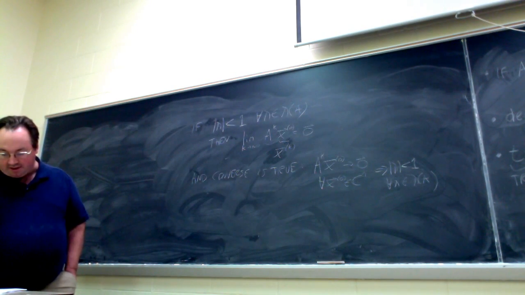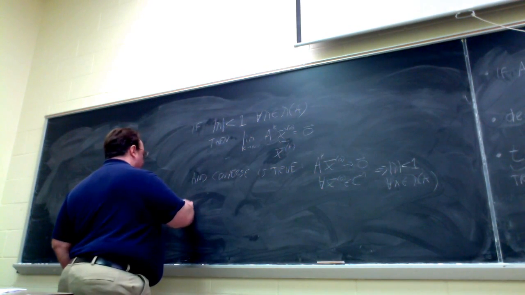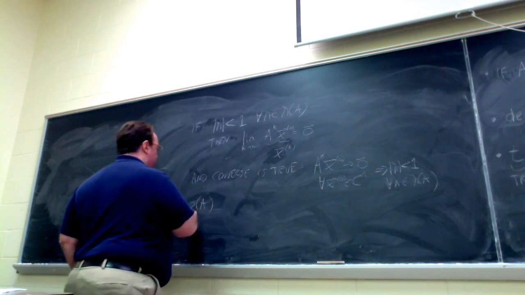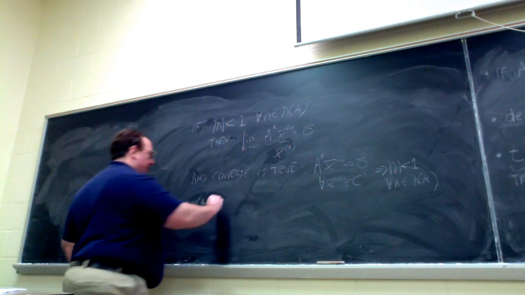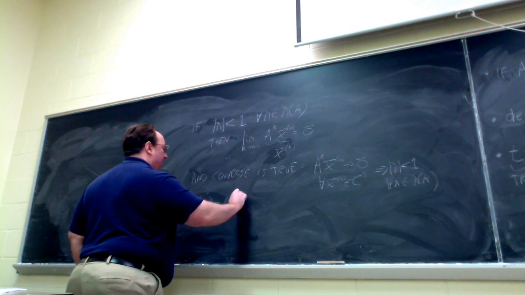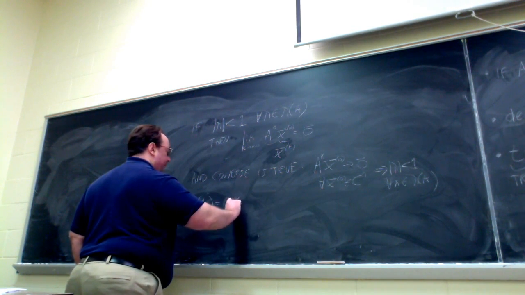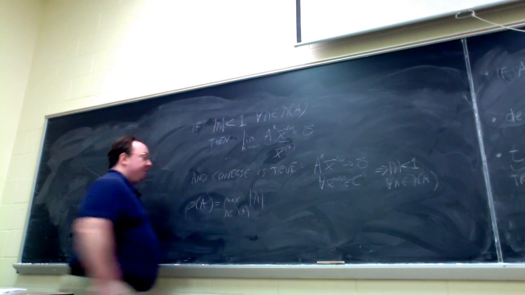Now, a more convenient way to describe this is this expression, rho of A, the Greek letter rho. That is the maximum over all eigenvalues of A of the absolute value.